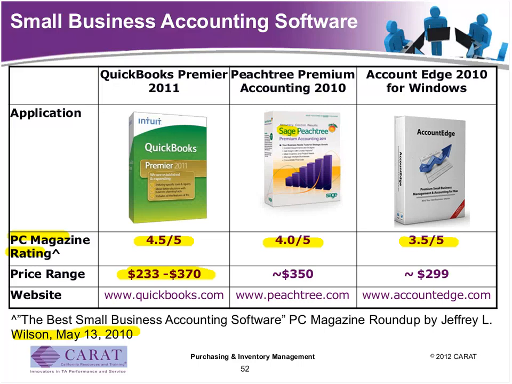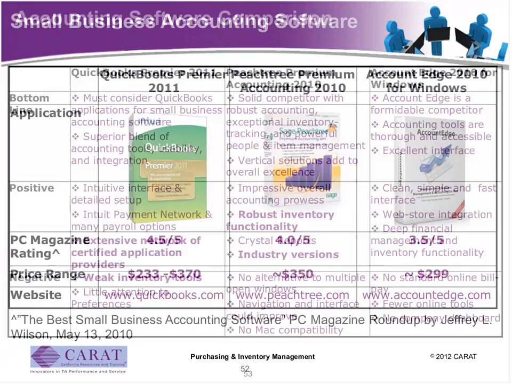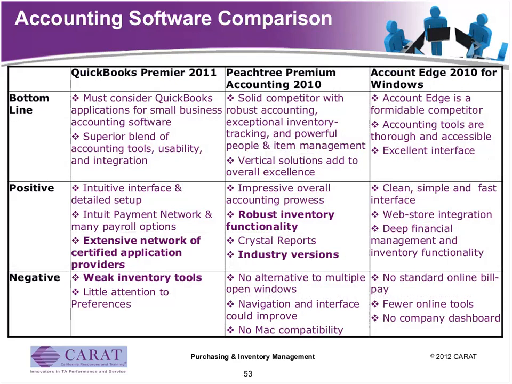But there isn't a whole lot of different functionality between 2011 and 2012. So you can save maybe as much as $150 a year if you'll wait to purchase it right before the new release. The websites for each of these applications are listed below, QuickBooks.com, Peachtree.com, AccountEdge.com. Now let's take a little bit closer look at the PC Magazine review.